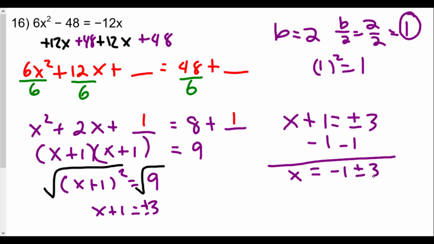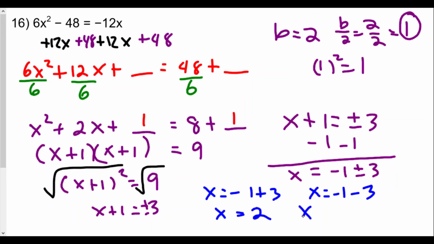Well, in this case, we have x equals negative 1 plus 3, and x equals negative 1 minus 3. Well, that would mean x equals 2 or x equals negative 4. And we see no radicals. Everything works out nicely. So completing the square works even in situations where we can factor.